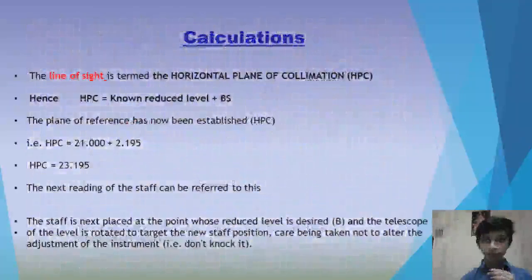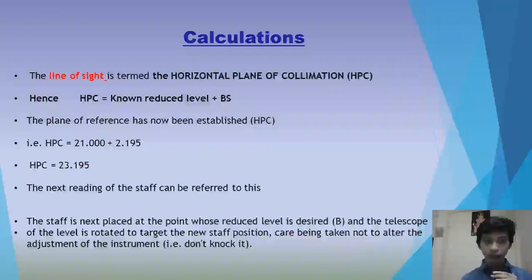In this calculation theory, we can learn how to find measurements in fly leveling. The line of sight is termed the horizontal plane of collimation, short form HPC. Hence, HPC, the horizontal plane of collimation, is equal to known reduced level plus backsight.